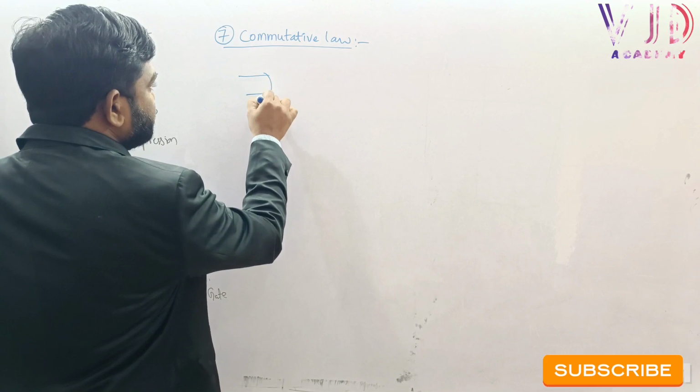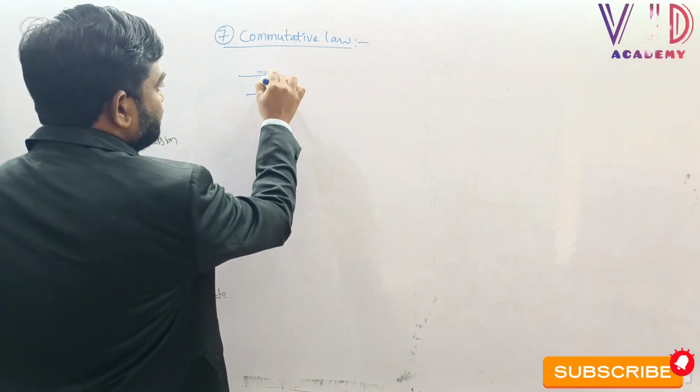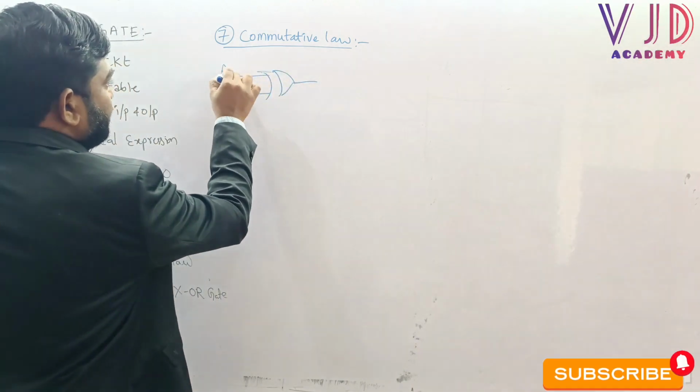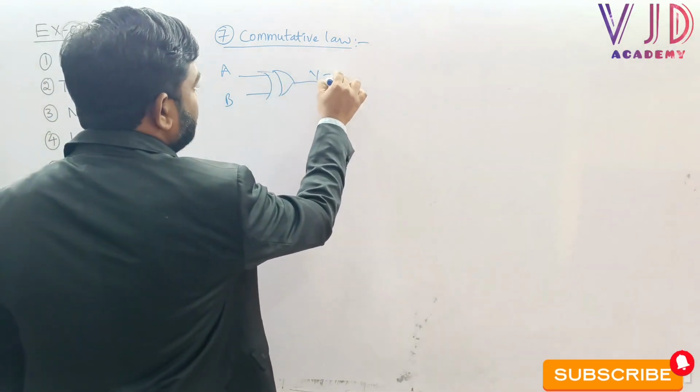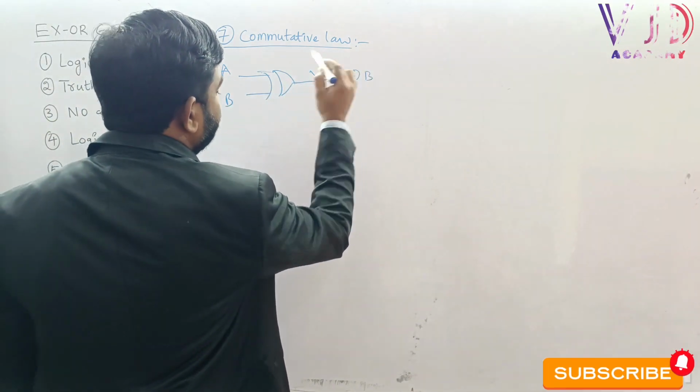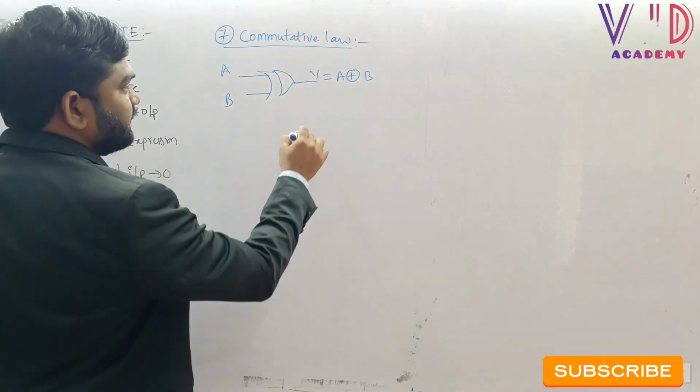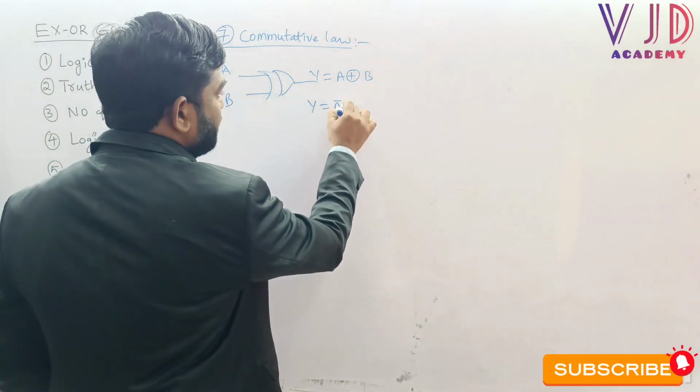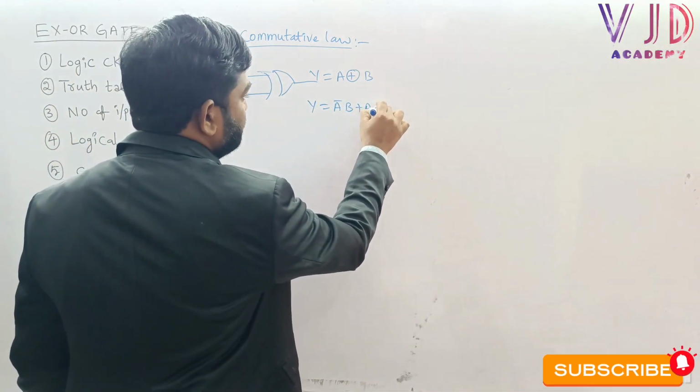Here we have A, B, Y equal to A XOR B, which is A bar B plus A into B bar.